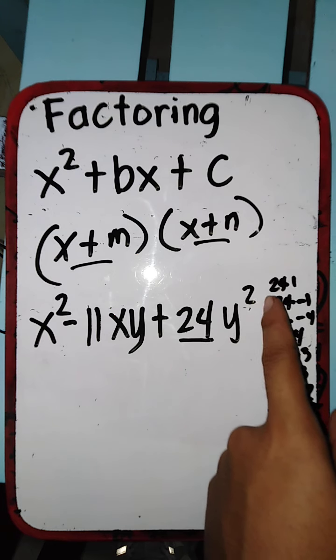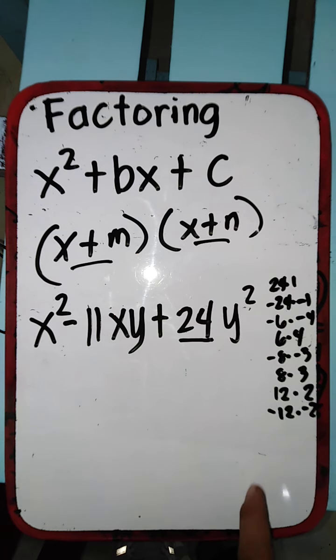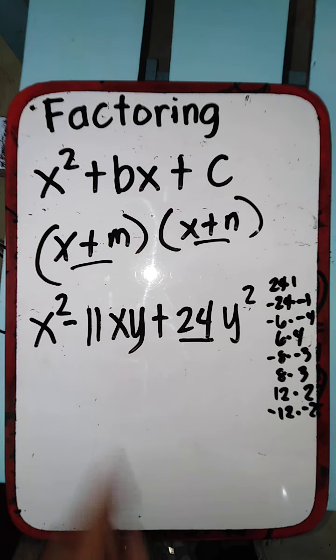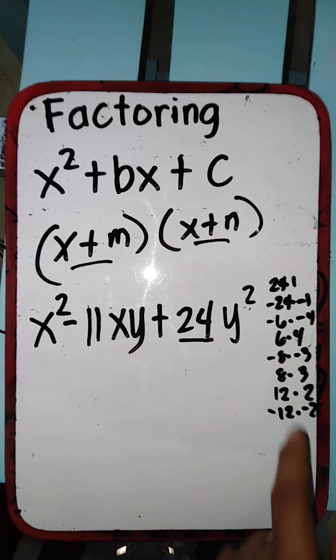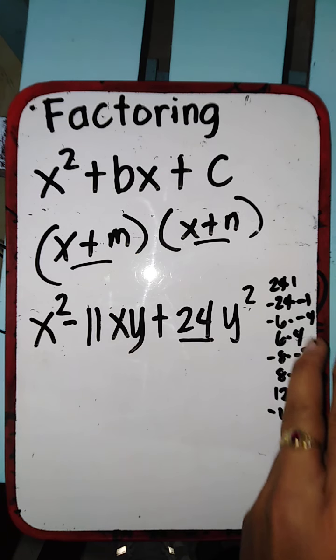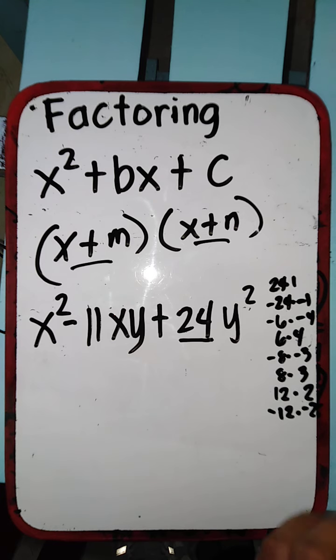And we are going to find here a factor whose sum is equal to negative 11. So we look for factors of 24 that, when we add them, equal negative 11. So first, 24 plus 1, that's 25. Negative 24 plus negative 1, negative 25.